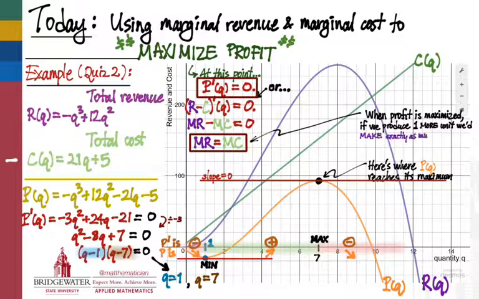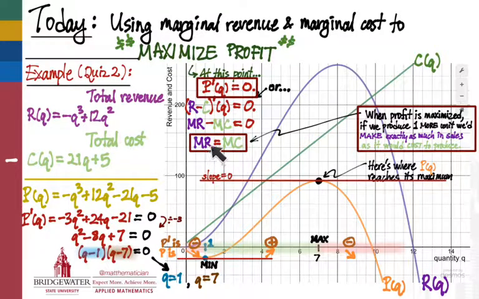That means that if I decided to produce one more unit of my product, just a little bit more product, I would make an additional amount of revenue from that product, but I would also have to pay a certain additional amount of cost to produce that product, and those dollar figures are equal to one another. So if I'm maximizing profit, it means that if I produce just one more unit, it's going to cost me exactly as much to make as I'm going to get by selling it.